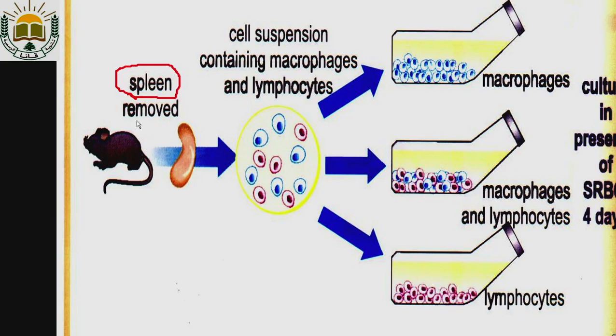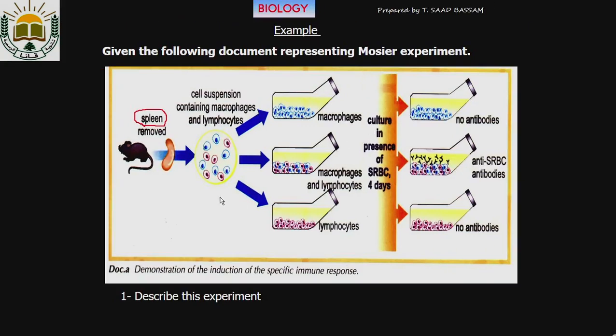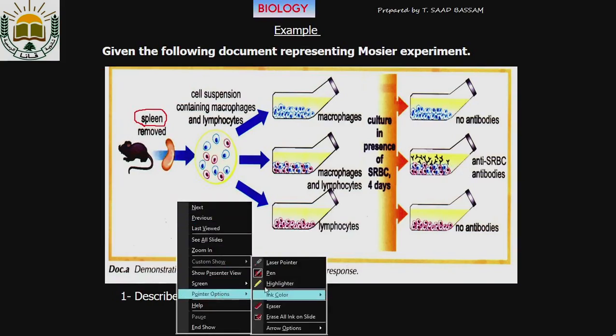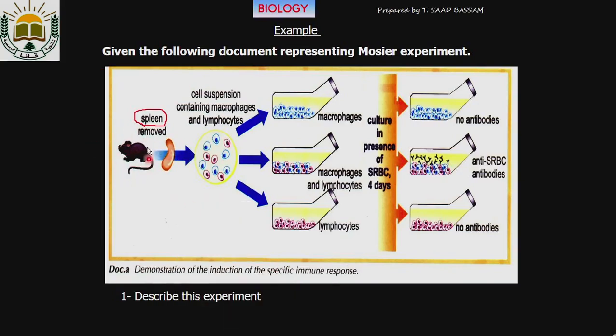So, I will repeat, in this experiment, in this document, we see that we have a mouse. The spleen of this mouse is removed, and from the spleen we obtain a group of cells, a cell suspension, containing macrophages and lymphocytes.